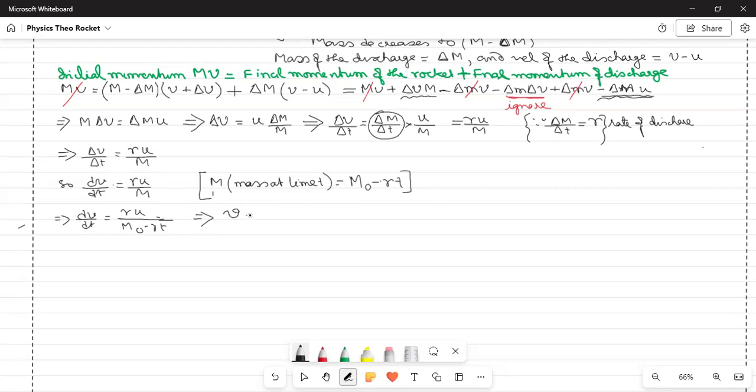How do we find out? Just by integration over time 0 to t, and we have to integrate ru divided by m0 minus rt dt. Mind it, here r is a constant, u is a constant, m0 is a constant, only t is the variable.